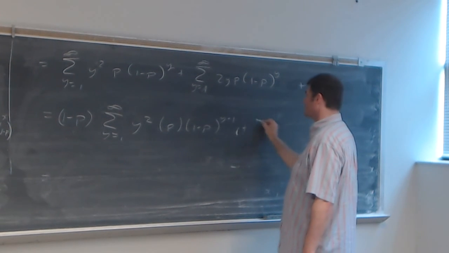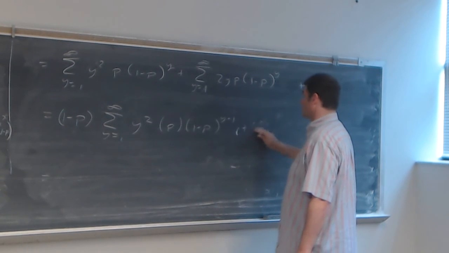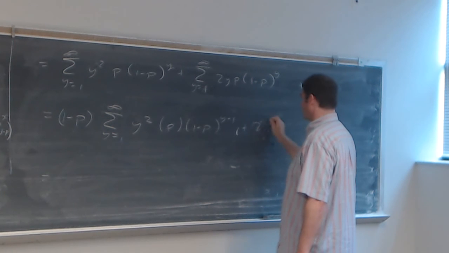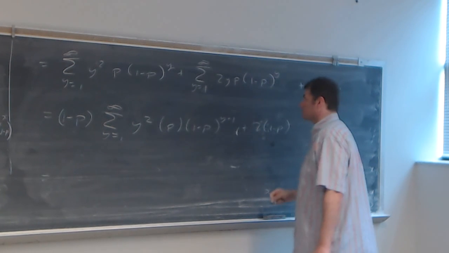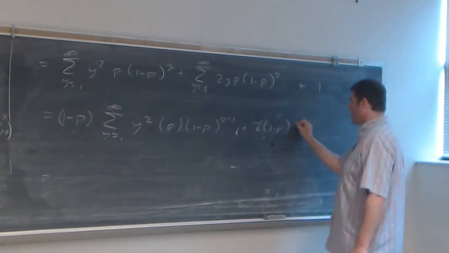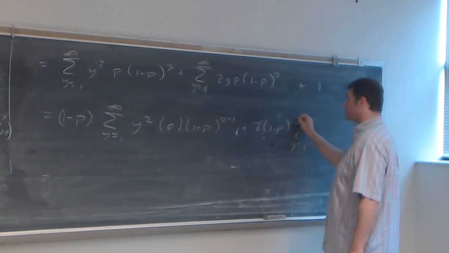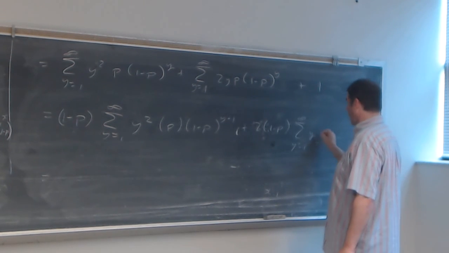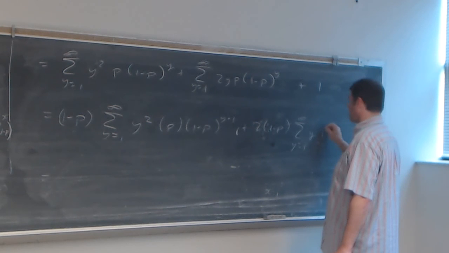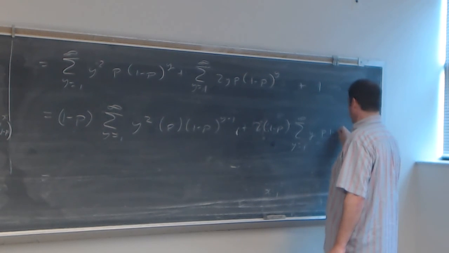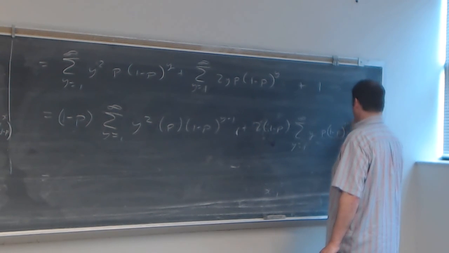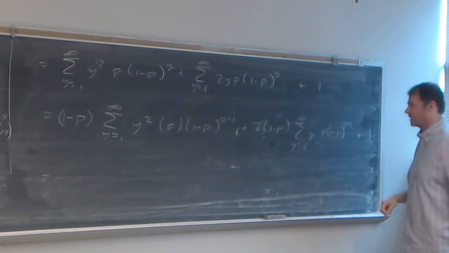Plus, let's pull out something, how about 2 times (1 minus p), times the sum as y runs from 1 to infinity of y times p times (1 minus p) to the y minus 1, and then plus 1 hanging around here.